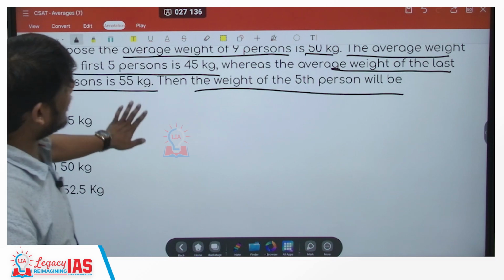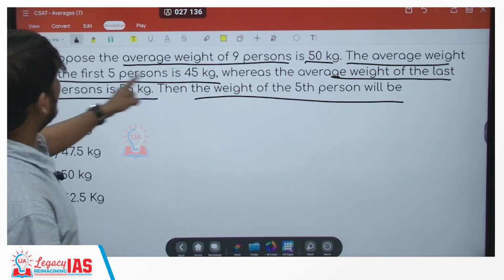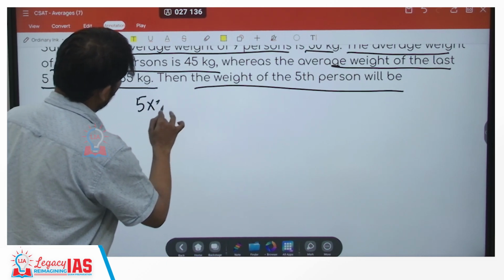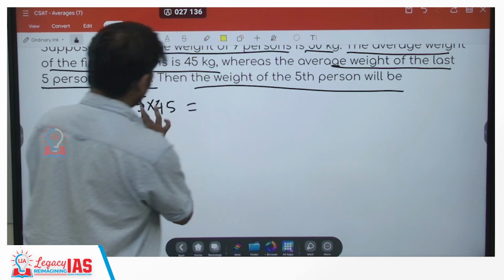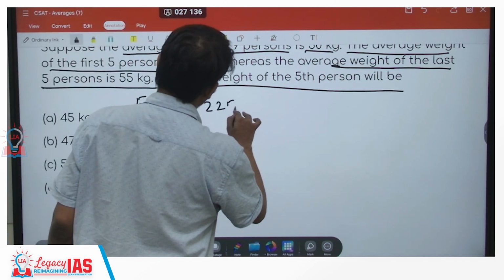So let us look at the second statement. The average weight of first 5 person is 45. So the total weight of these 5 people would be how much? 5 into 45, that is 225.